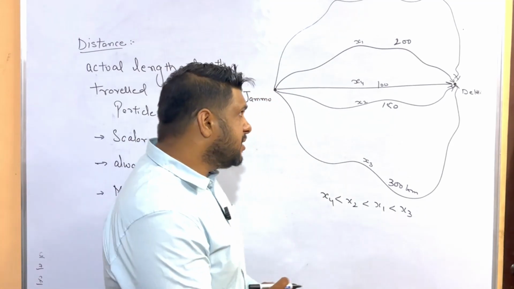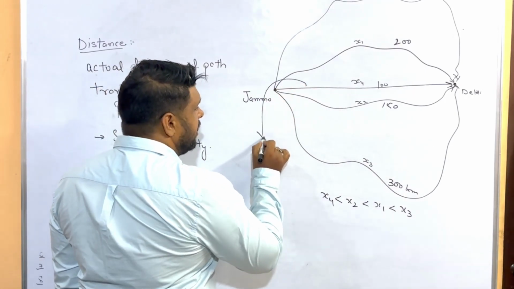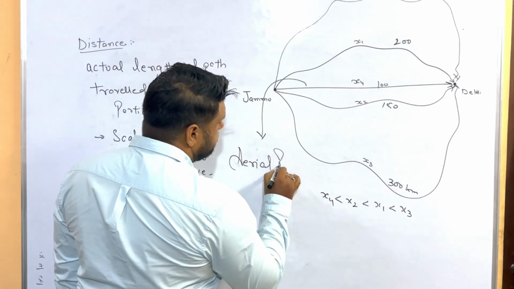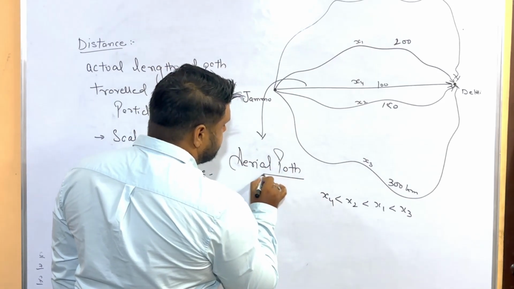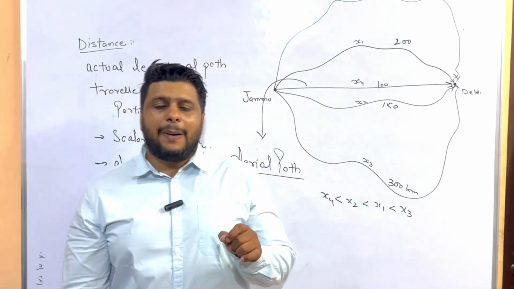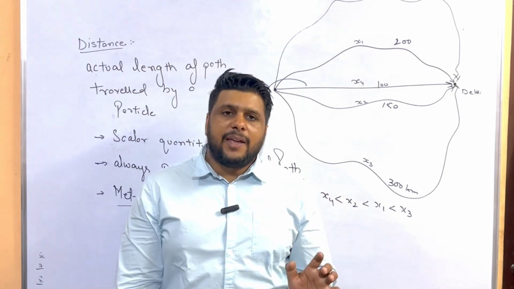Now let's say this is my aerial path, the aerial path between the initial point and the final point.